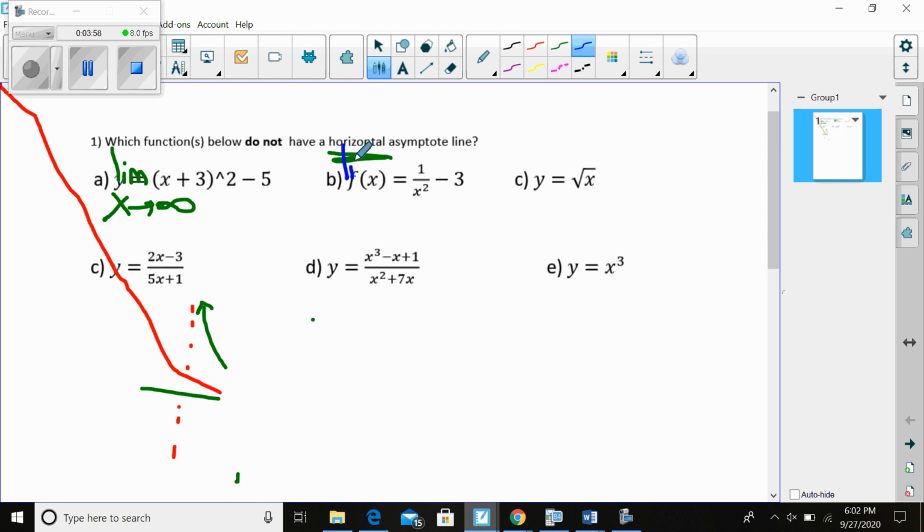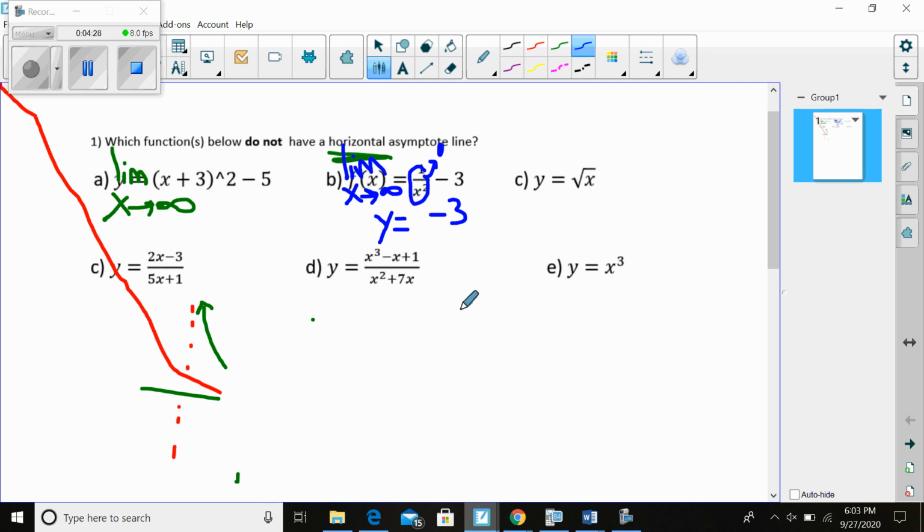And if I take this limit, x is huge. I have 1 cookie, and I have to divide it up by 1,000,000 people. So this ratio goes to 0, but then I'm still left with this -3. So this goes to 0, and then I have 0 minus 3, which is -3. So I do have a horizontal asymptote line at y equals -3.